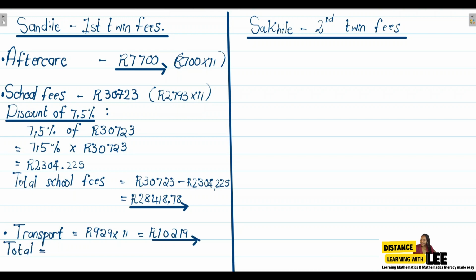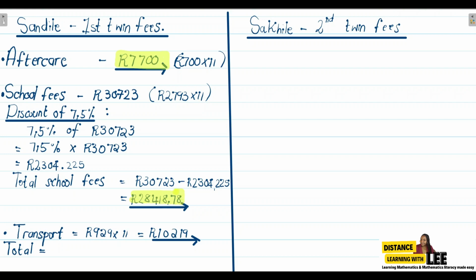Okay, so all that we need to do now is just add up all the costs for Usandile, right? So the total costs for Usandile is equal to the aftercare fee that he pays per year of 7,700, plus the school fees, including the 7.5% discount, which is 28,418.78.